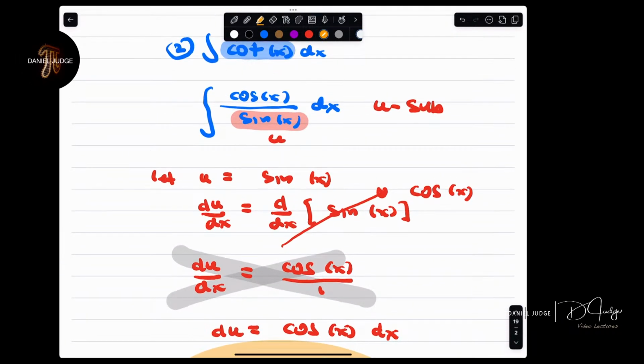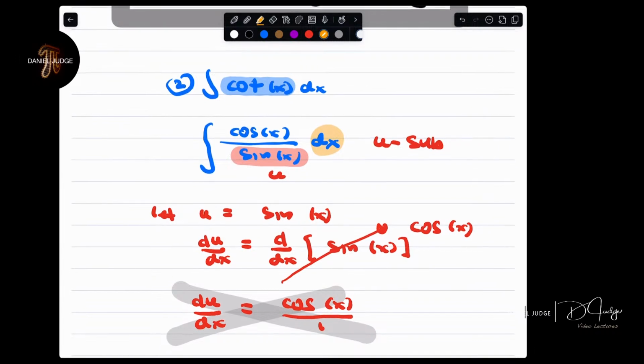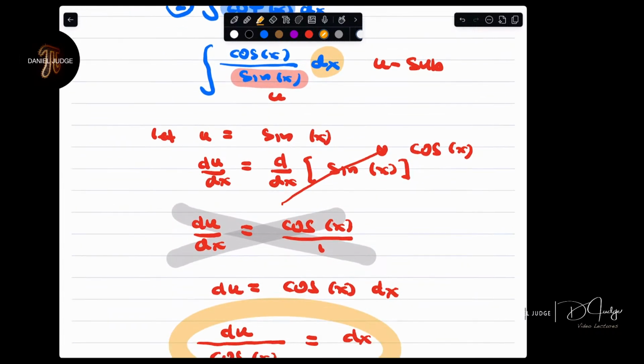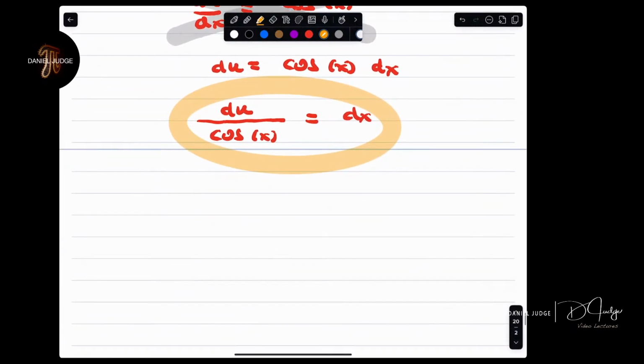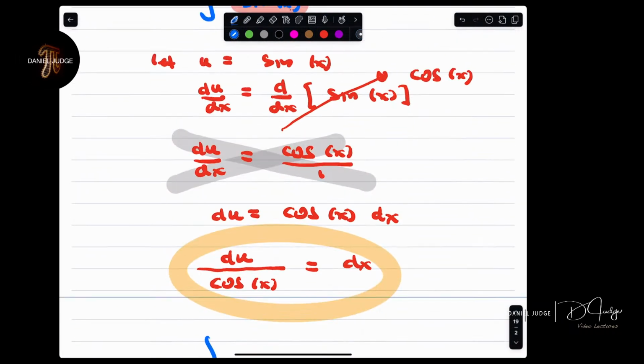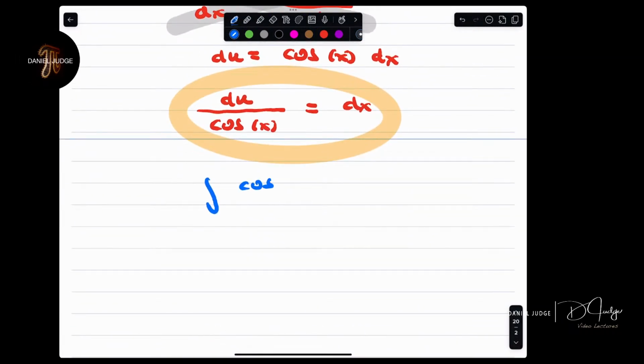Okay, so if we go back now to this question, here's what we'll have. You integrate cosine x over u, and you get dx, du over cosine.